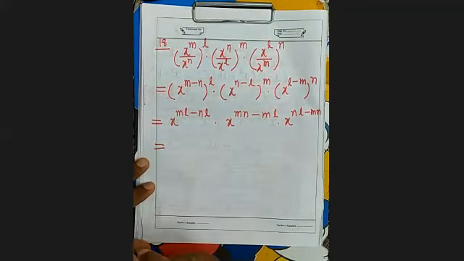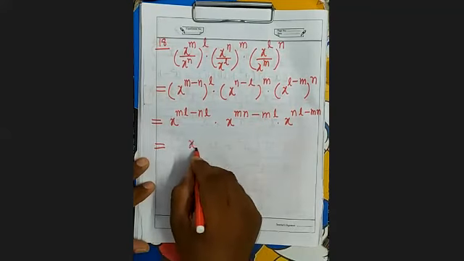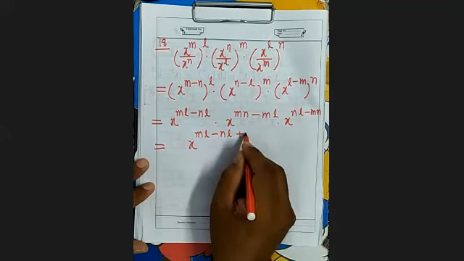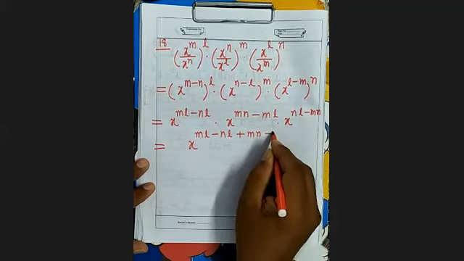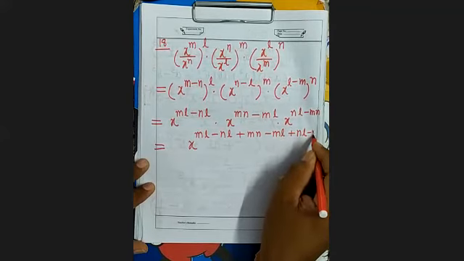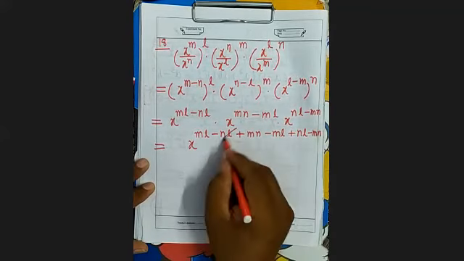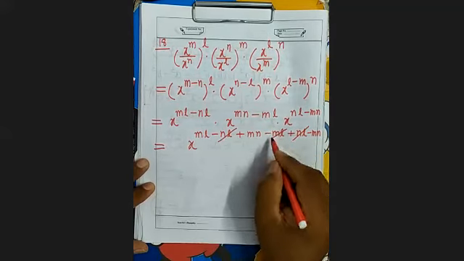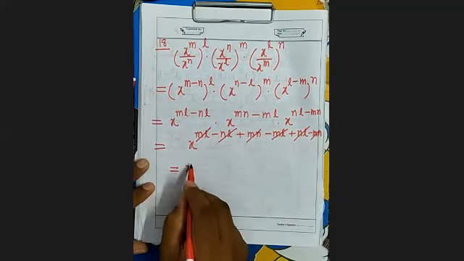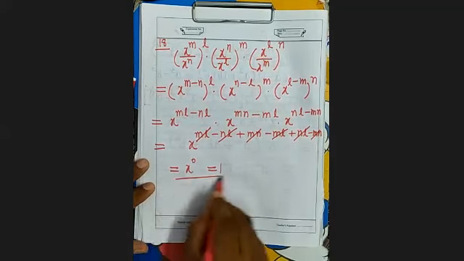Therefore the product rule will apply, so all the powers will be added. When you add all the powers, minus nl plus nl, minus ml plus ml, mn minus mn, x to the power 0 equals 1.